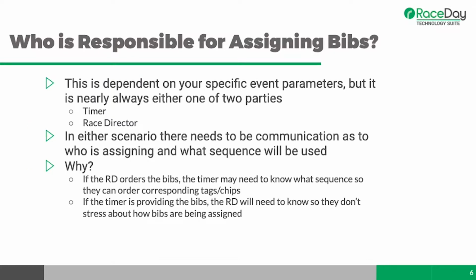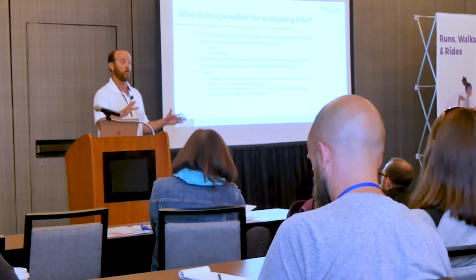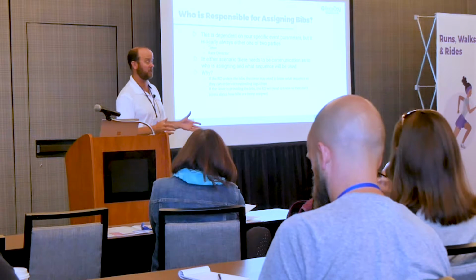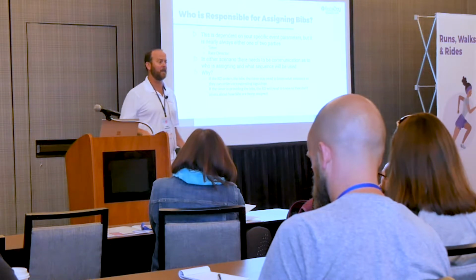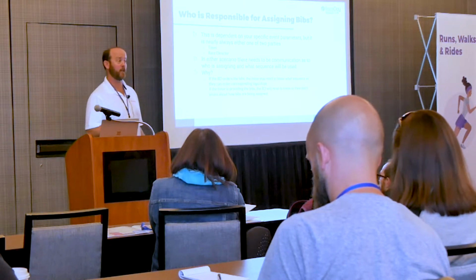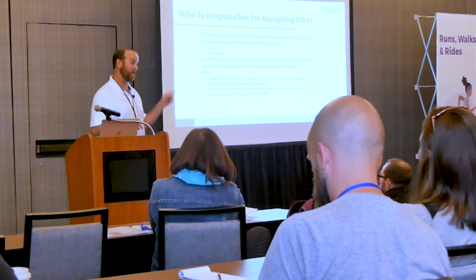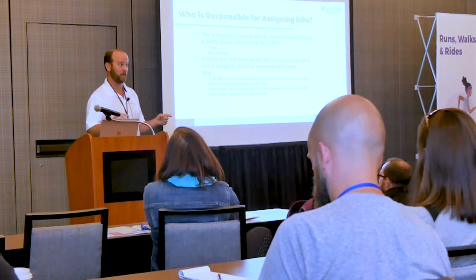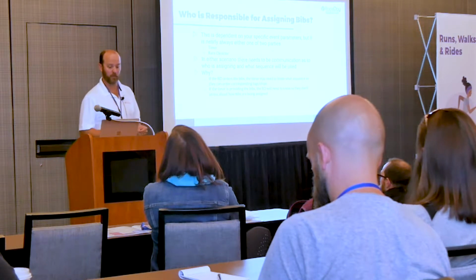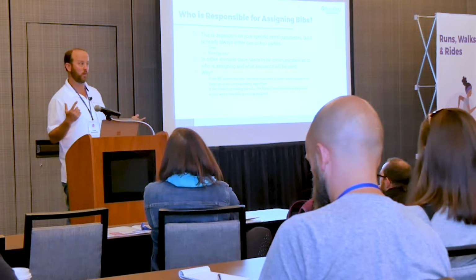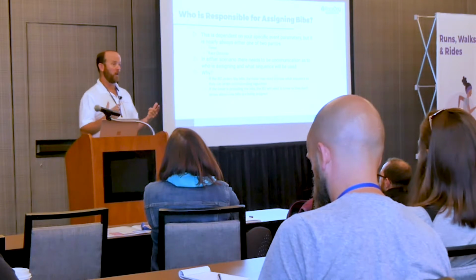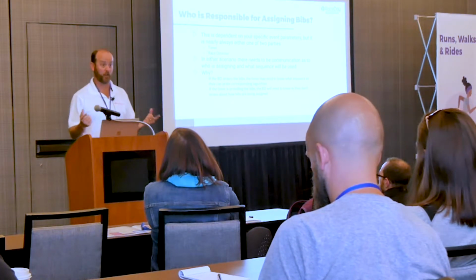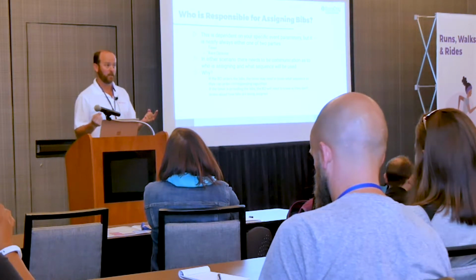So who's responsible, in case you aren't aware? The only reason I'm bringing this up is because you're thinking, Chris is talking about dynamic bib assignment, it's awesome, I want to do it. If you're the RD, you need to talk to your timer about this. Communicate. It's kind of important. One of the two of you is assigning the bibs, and both of you need to understand who that person is.